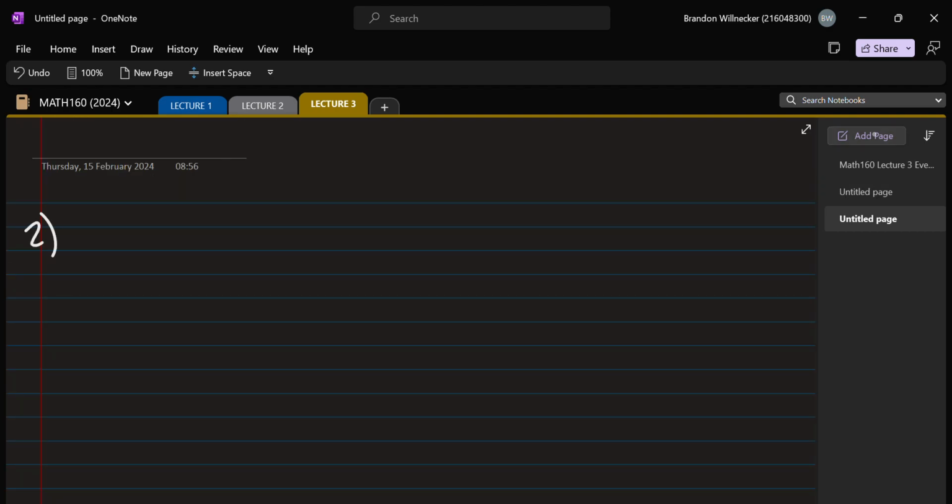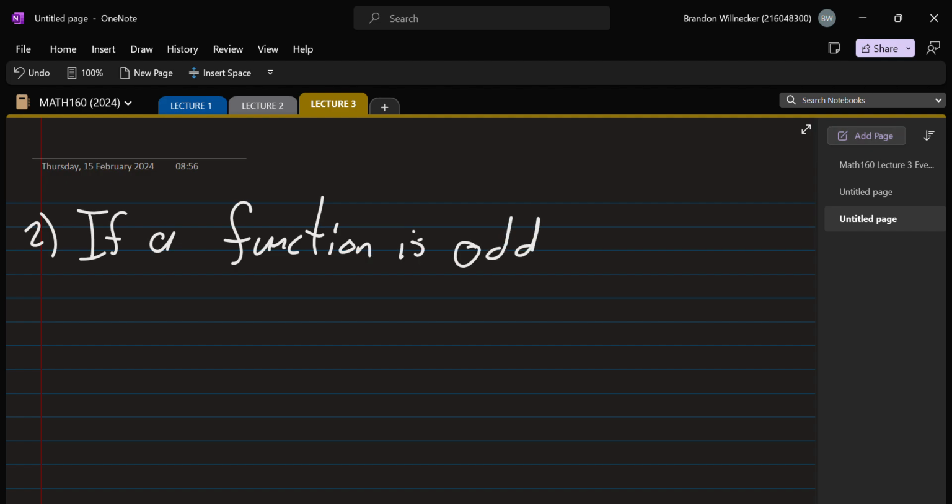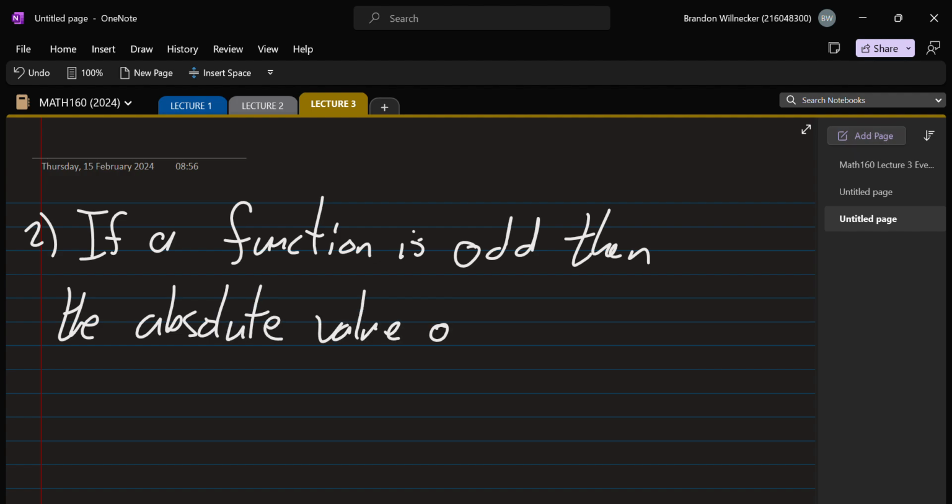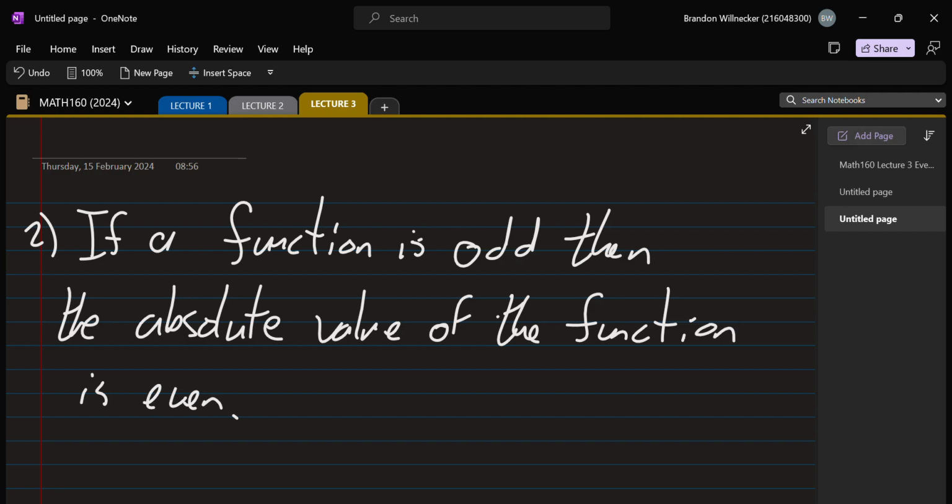Okay, let's look at the second one. If a function is odd, then the absolute value of the function, we looked at that last time, is even.